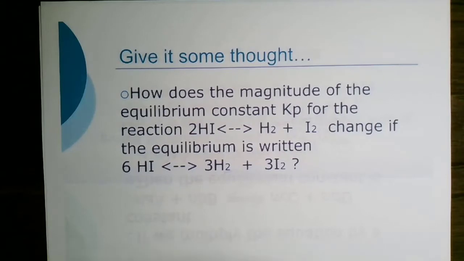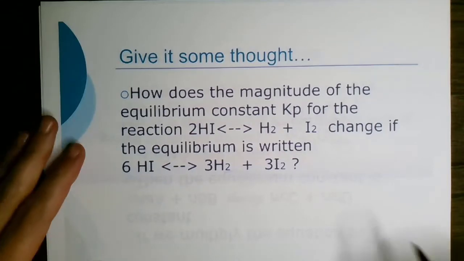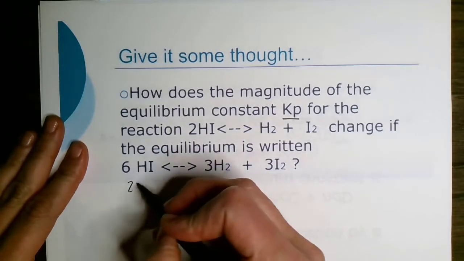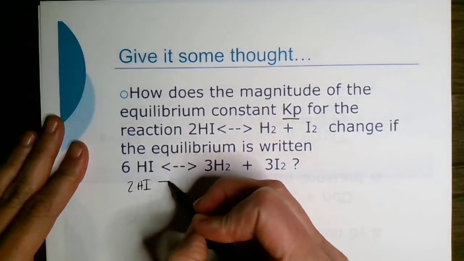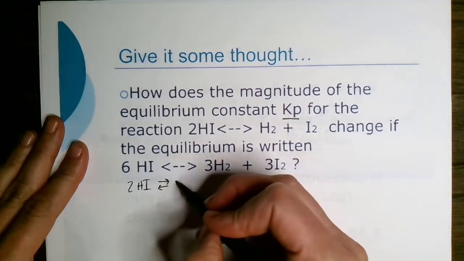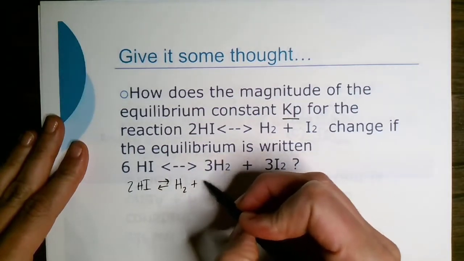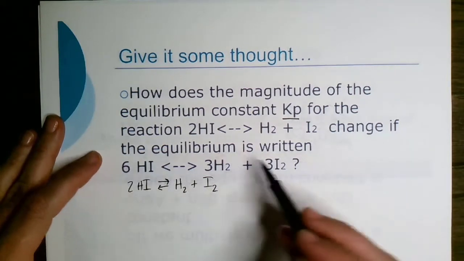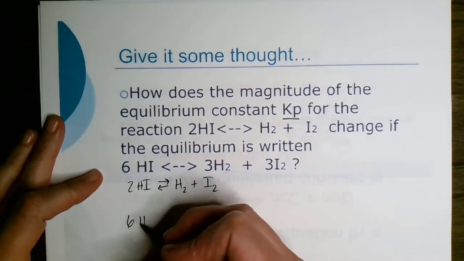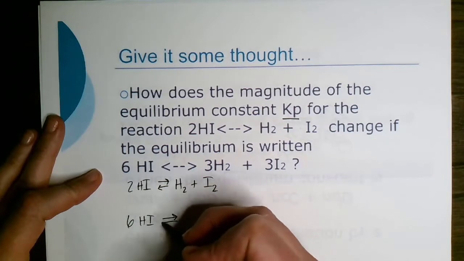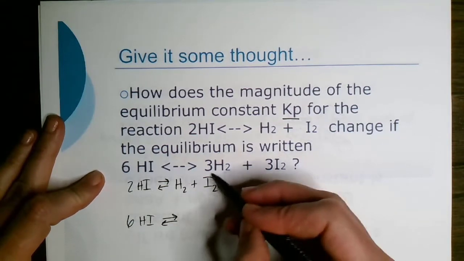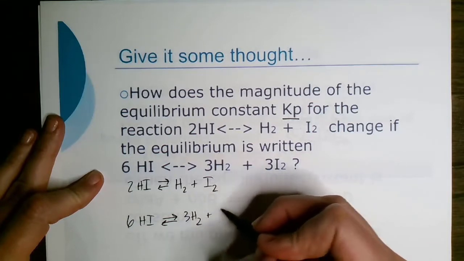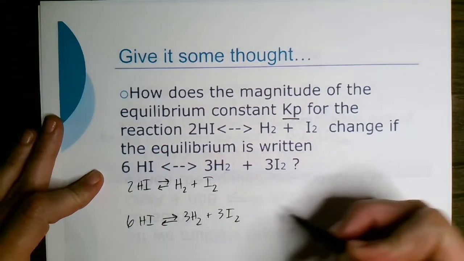So let's look at this and give it some thought. How does the magnitude of the equilibrium constant, Kp, change for the reaction 2 HI in dynamic equilibrium with hydrogen and iodine, if the equilibrium is written as 6 HI in dynamic equilibrium with 3 H2 plus 3 I2?